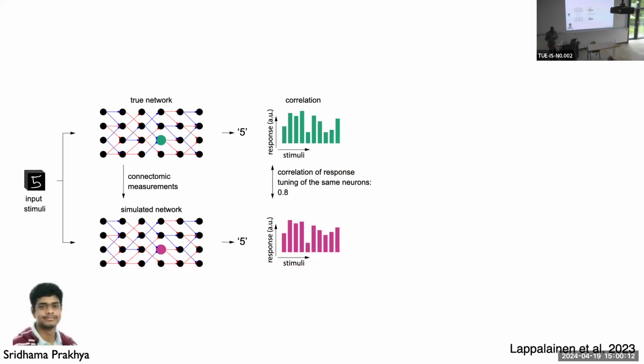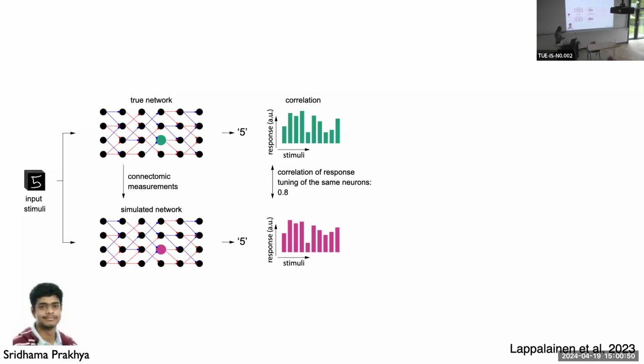Okay, so I'll just take a minute and summarize what we think we've shown you, and what I hope we've convinced you of. Let's say you have two neural networks, and you've trained them to perform the same task. You also know something about the connectivity, the connectome. You've measured the connectome, and you build this model where the connectome comes from the measurements, and you've trained them both to perform the same task.